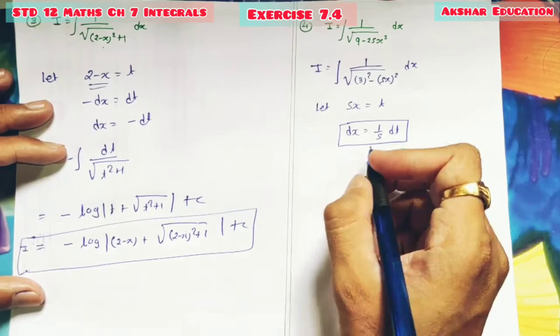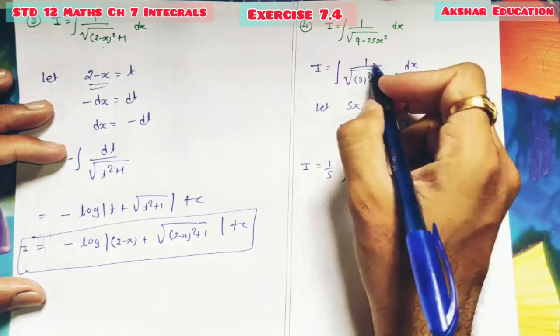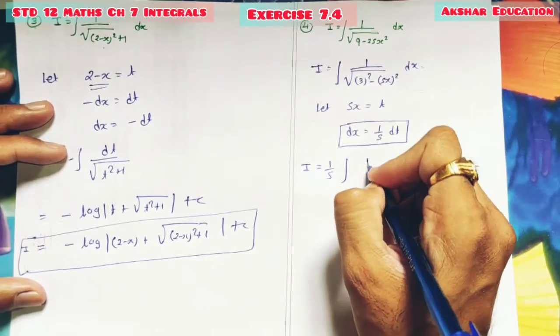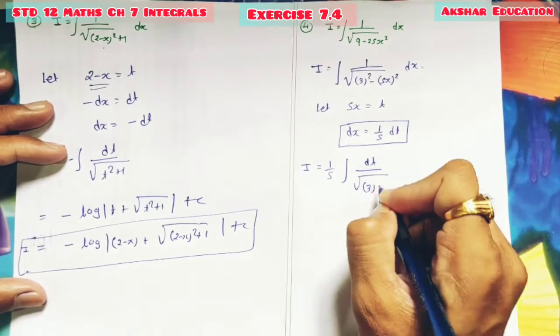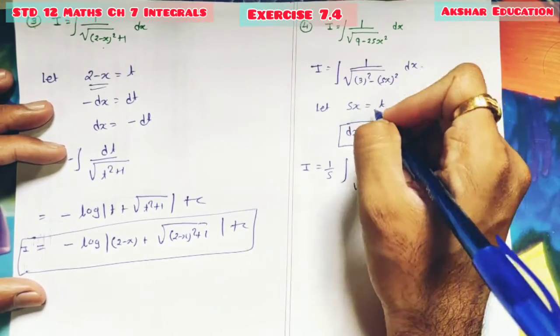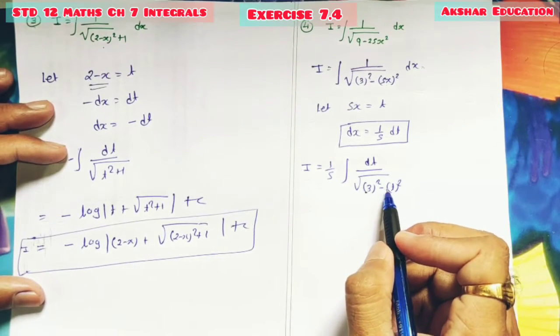Taking this 1 by 5 as a constant, integration I is 1 upon 5 dt upon square root of 3 square minus t square, since 5x is our t. This is a square minus t square.